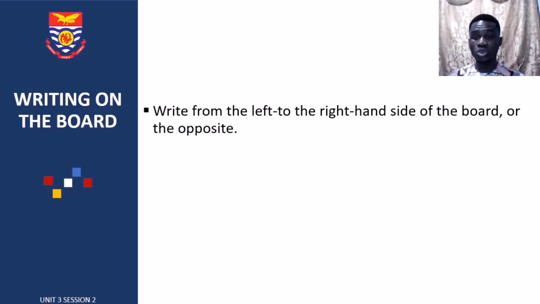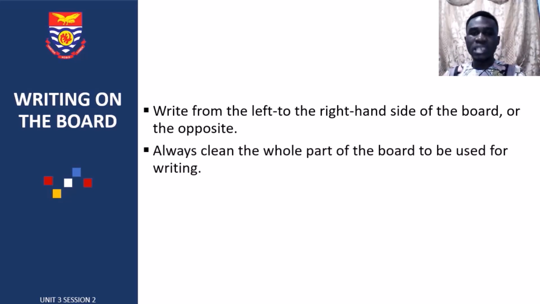Some are very slow when it comes to writing. But if you divide your board and your writing is in that sequence, that the teacher started from the left and moved in that order, the student can also follow and write everything that you have written on the board.